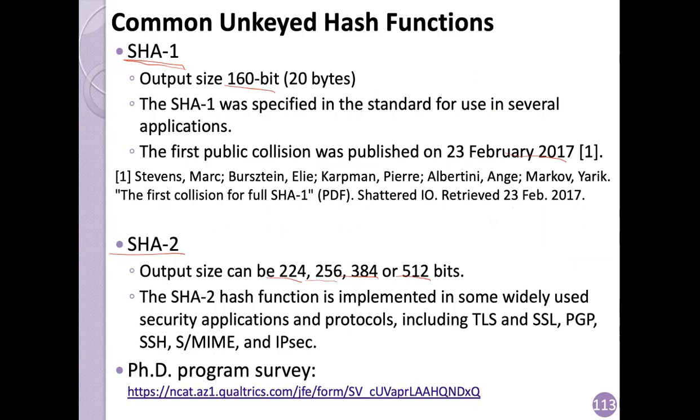Although all three that I just talked about, MD5, SHA1, and SHA2, are broken, they still are being used in many applications. Because a collision being found doesn't mean that it is easy. It means that someone was capable of breaking it, but it doesn't mean that it's very simple and easy for everyone. So they are still being used even now.